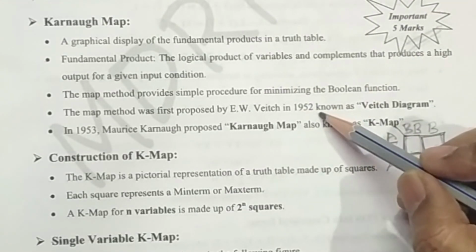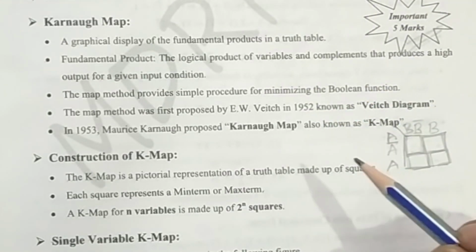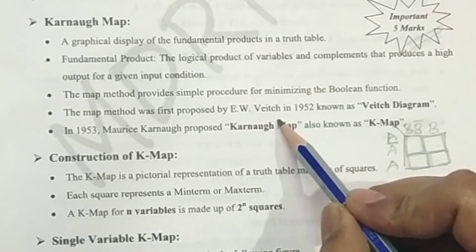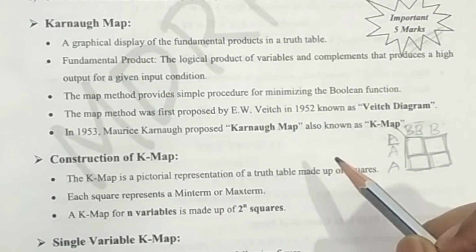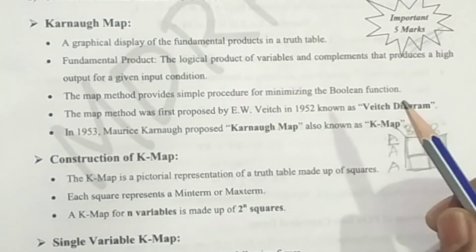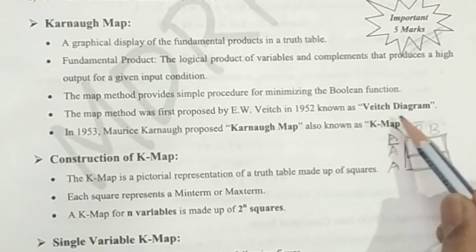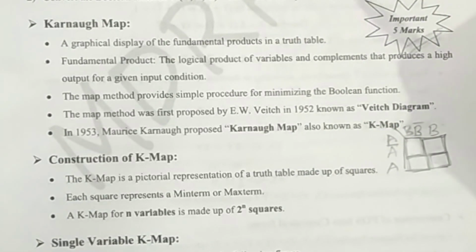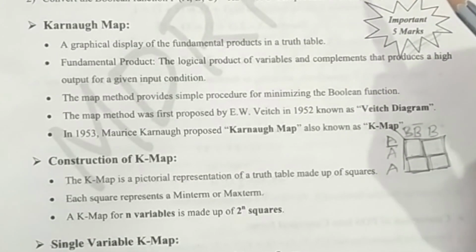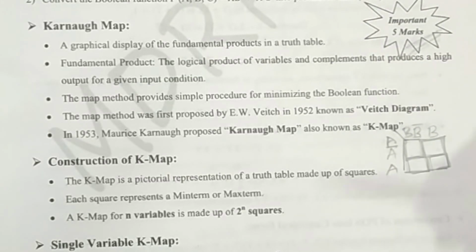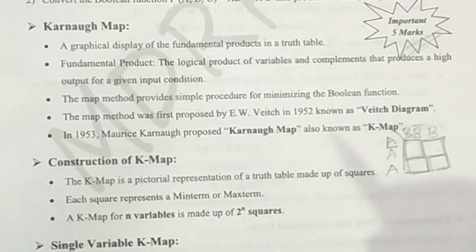In the beginning, the K-map was developed by E.W. Veitch in 1952, and it was named the Veitch diagram. At that time, the representation used binary digits in the Veitch diagram.